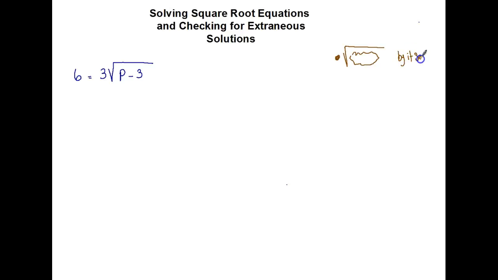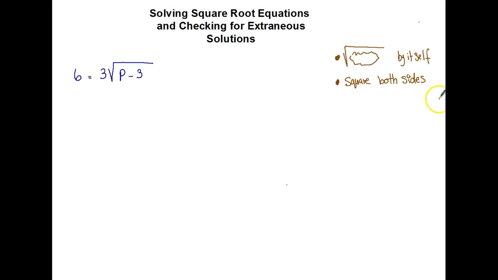So I need to use inverse operations to leave the square root by itself on one side of the equation, and it doesn't matter which side. Then I need to square both sides of the equation to get rid of the root. Then I will continue with inverse operations.